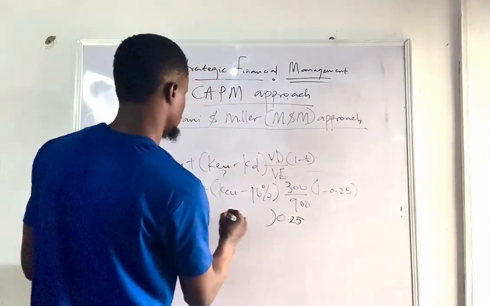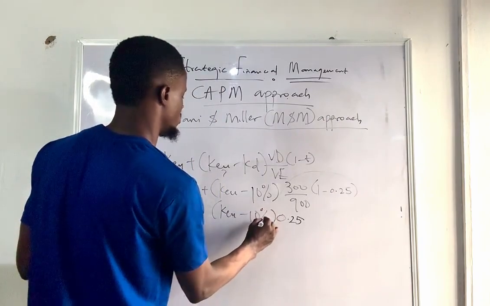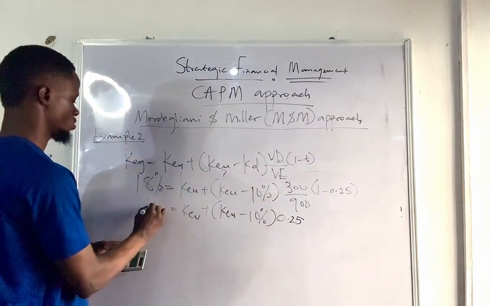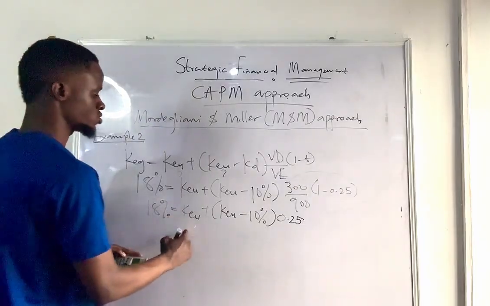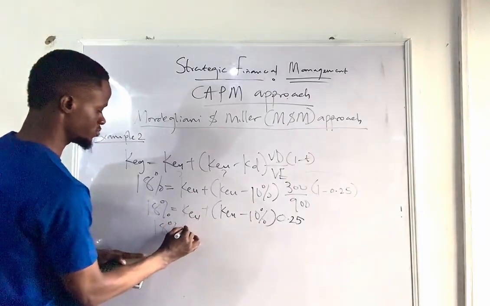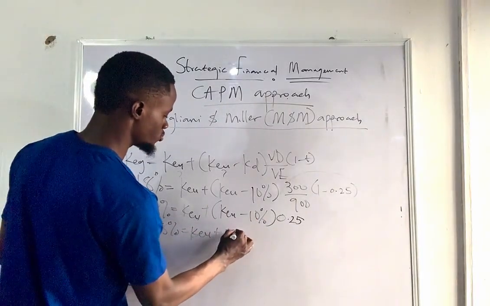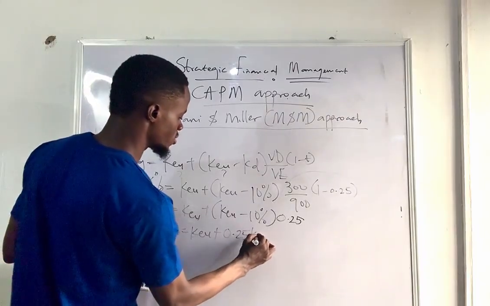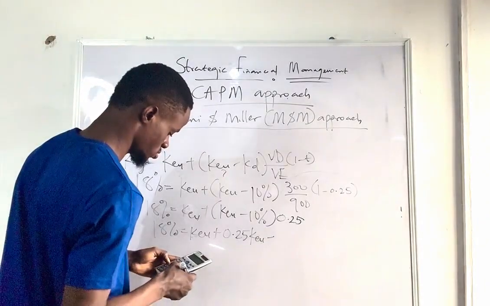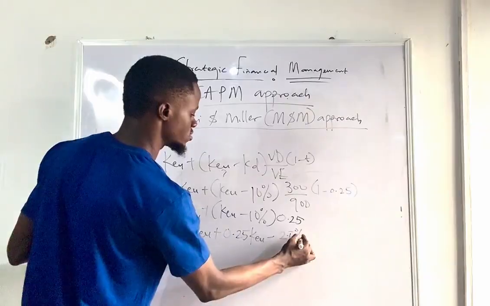So 0.25 bracket Kug minus 10%, plus Kug is 18%, right? So multiply through. 18% equals Kug, open the bracket, 0.25 Kug minus 0.25 times 10%, which is 2.5%. Can you see that now?